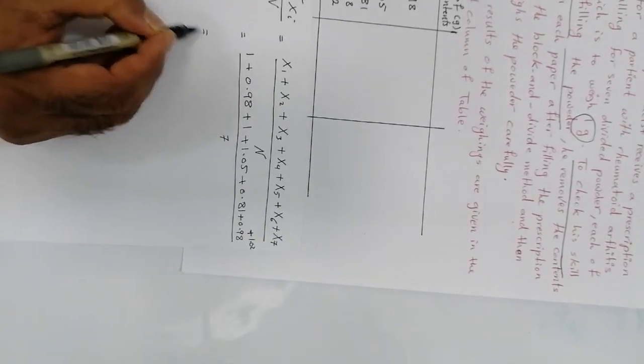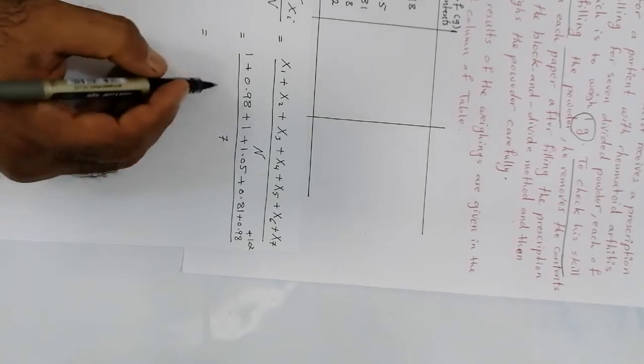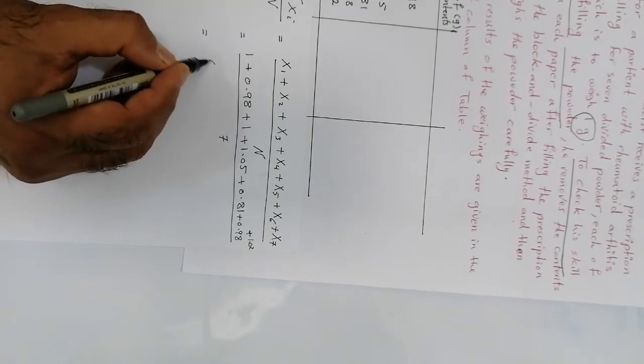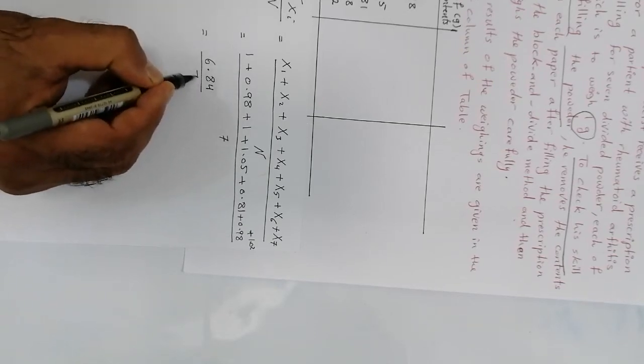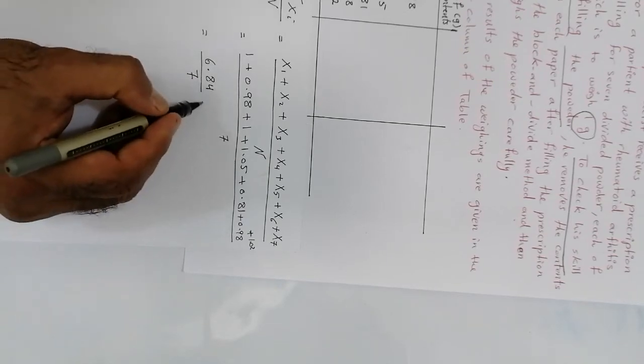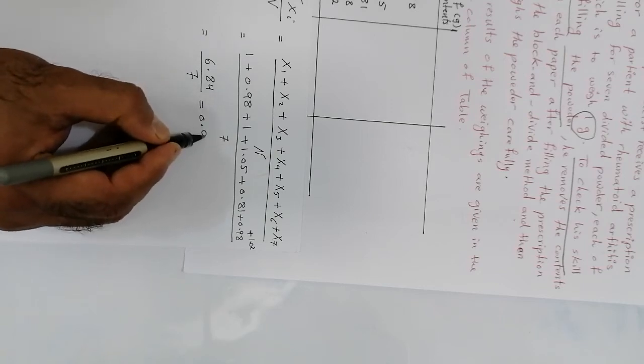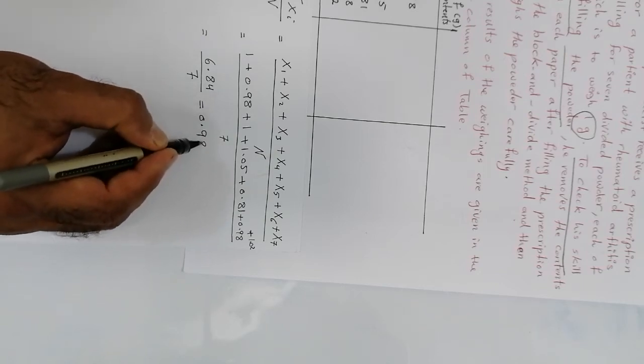We get the summation 6.84 over 7, which equals 0.98.